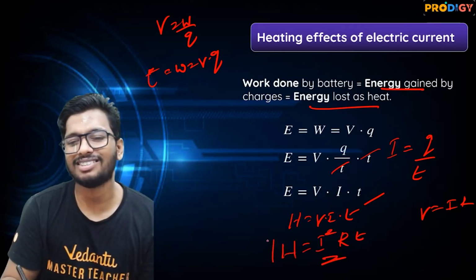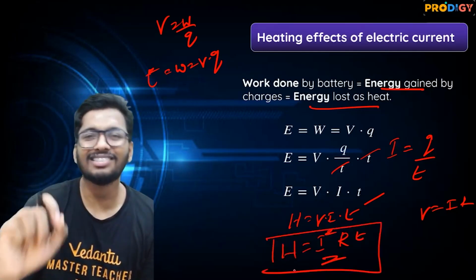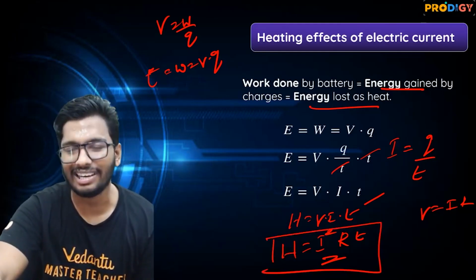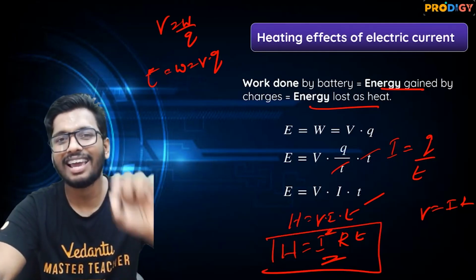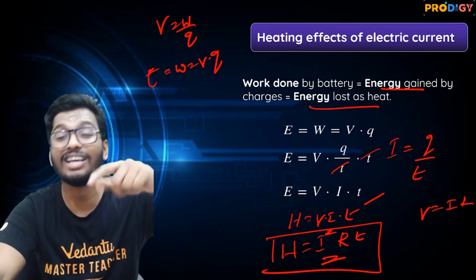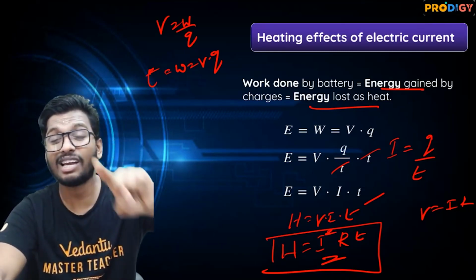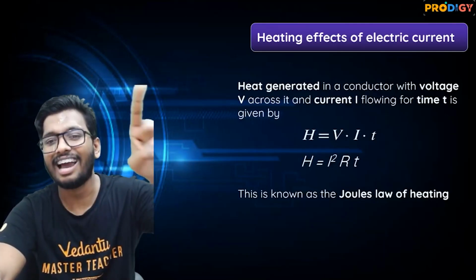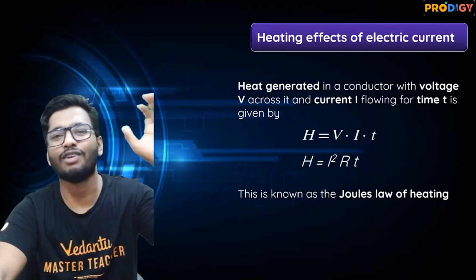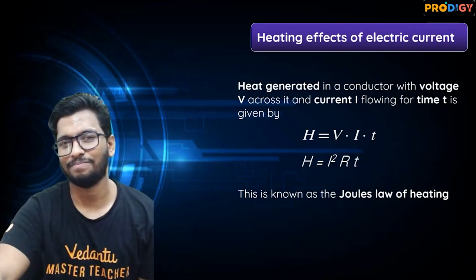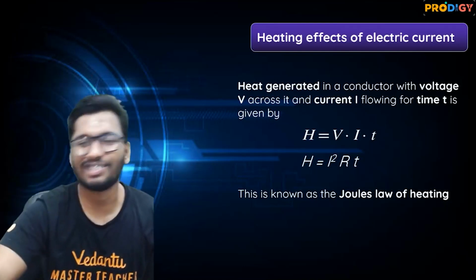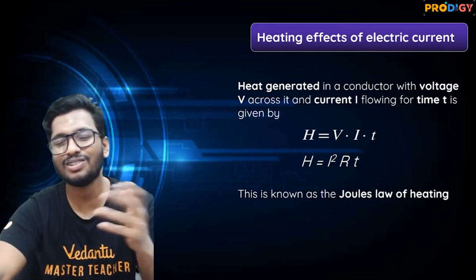This, my friends, is called Joule's law of heating, where the heat energy produced is equal to the square of the current passing through the conductor, the resistance of the conductor, and the time for which the current flows through the conductor. This is what is called Joule's law of heating.